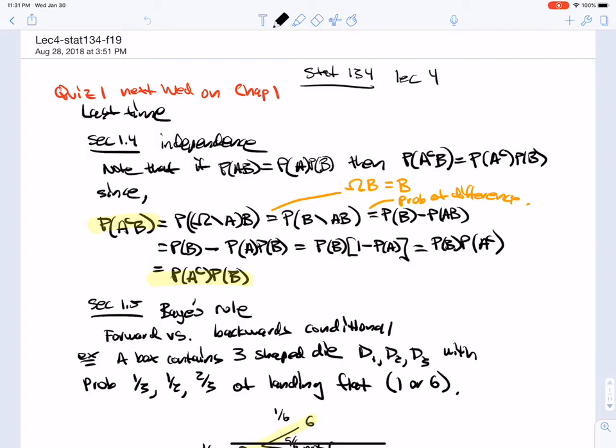And so A complement B you can write as B minus AB, because B distributes into omega minus A. And so by the probability of a difference, we know that this is probability of B minus probability of AB, and then probability of AB by the multiplication rule for independent events factorizes, and you can just follow the rest.